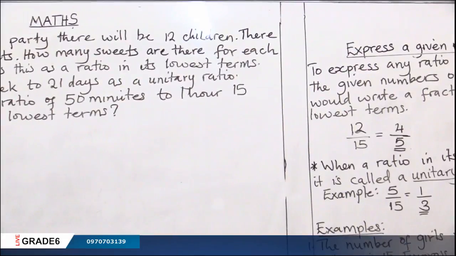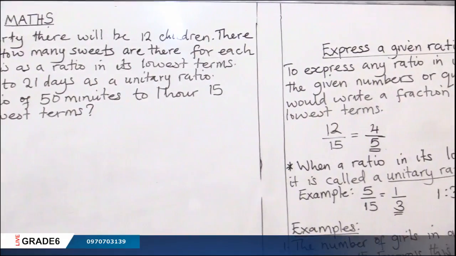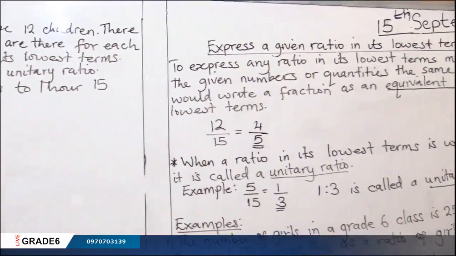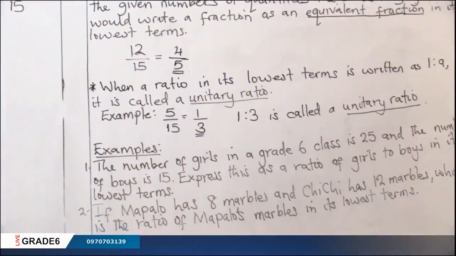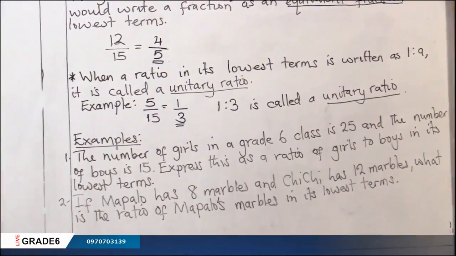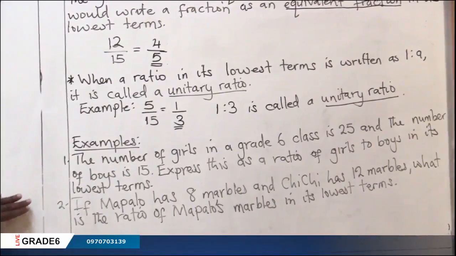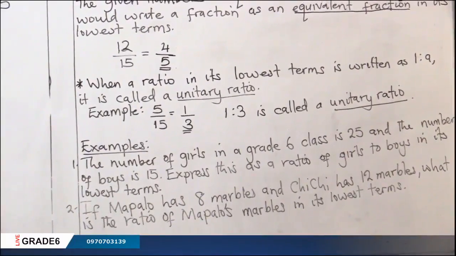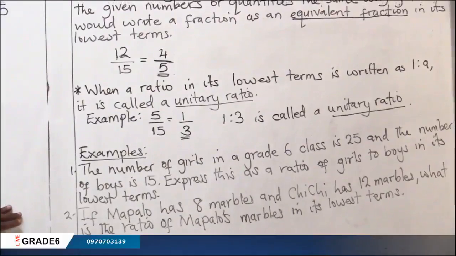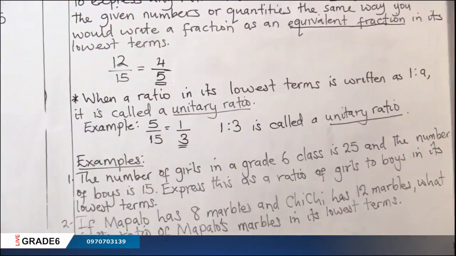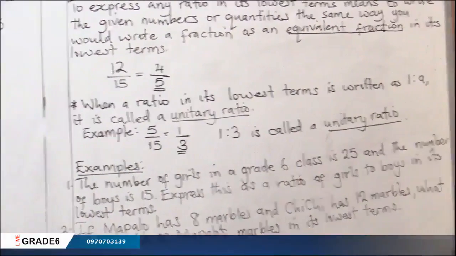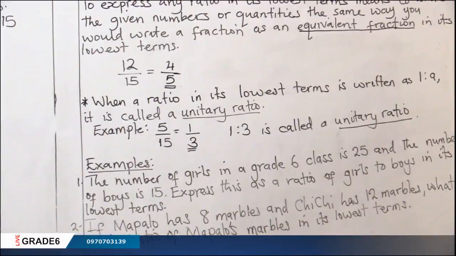We go to our answers for today. Question 1 says the number of girls in a grade 6 class is 25 and the number of boys is 15. Express this as a ratio of girls to boys in its lowest terms.